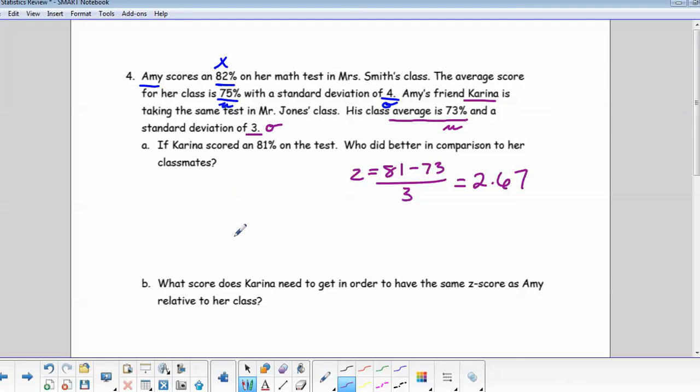All right, and switch on back. So this is Miss Karina. For Amy, it's going to be X minus mean, so 82 minus mean over standard deviation, 4. Okay, and this one gives us 1.75.